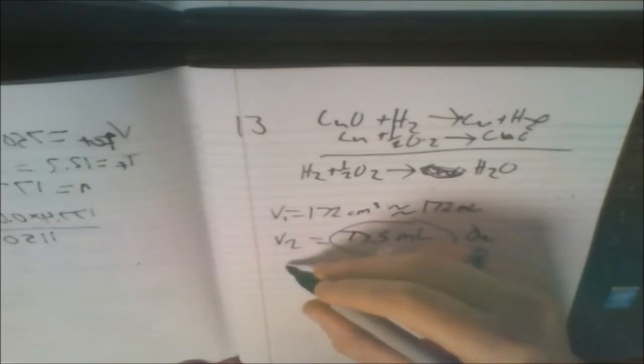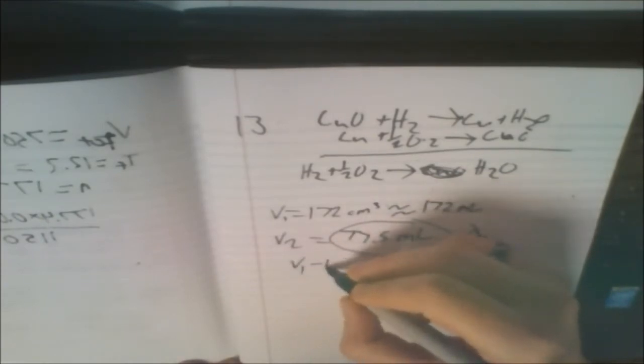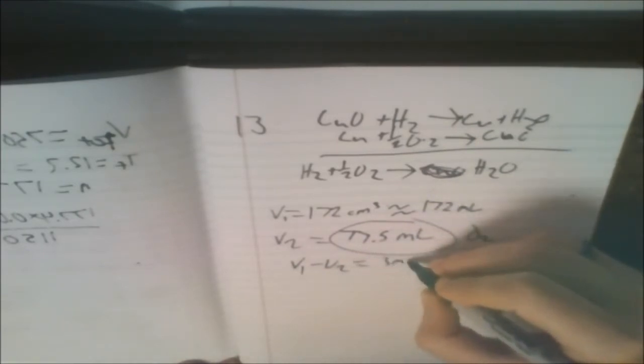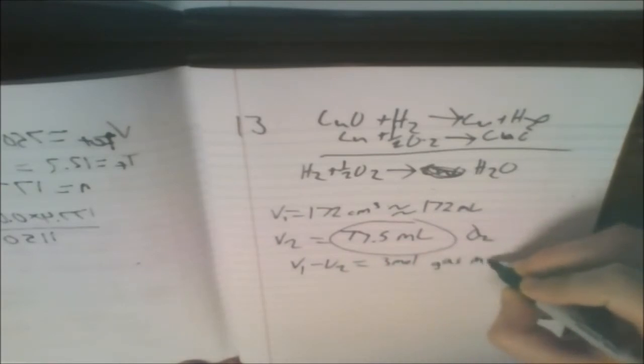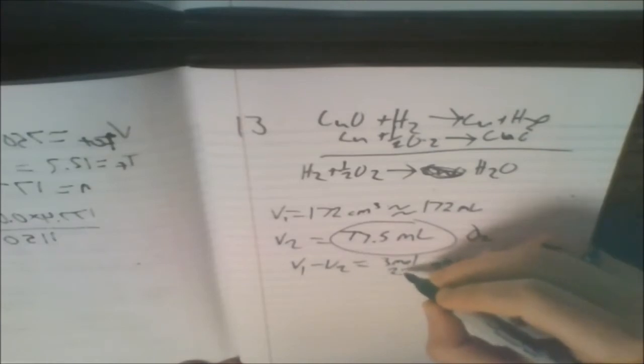So the difference between V1 minus V2 is going to be a 3 mole gas mixture, which is 2 hydrogen to 1 oxygen.